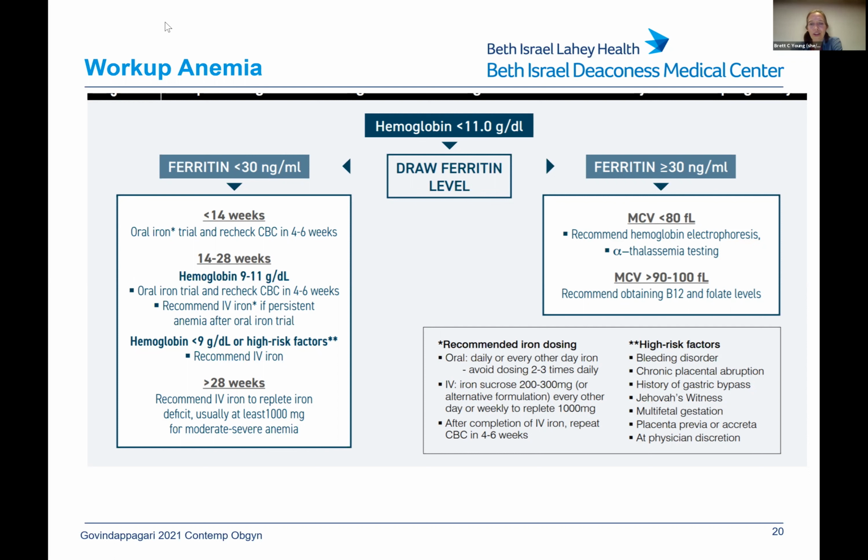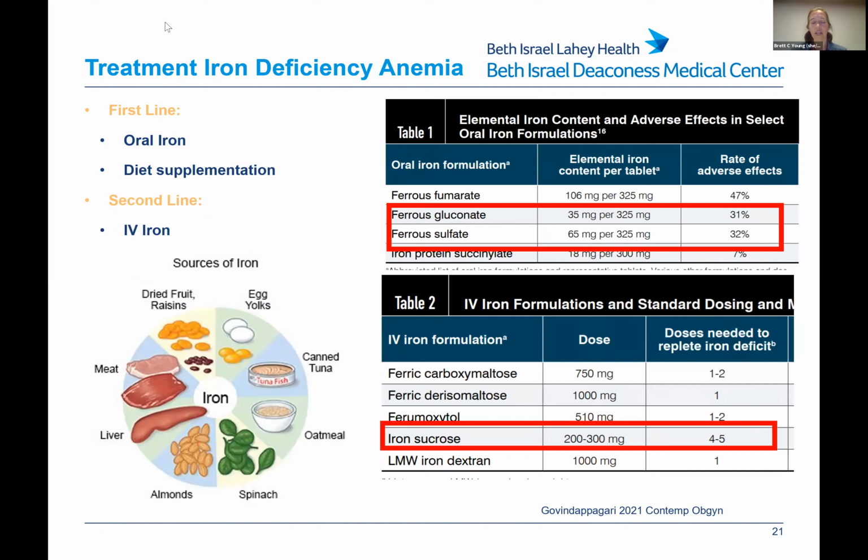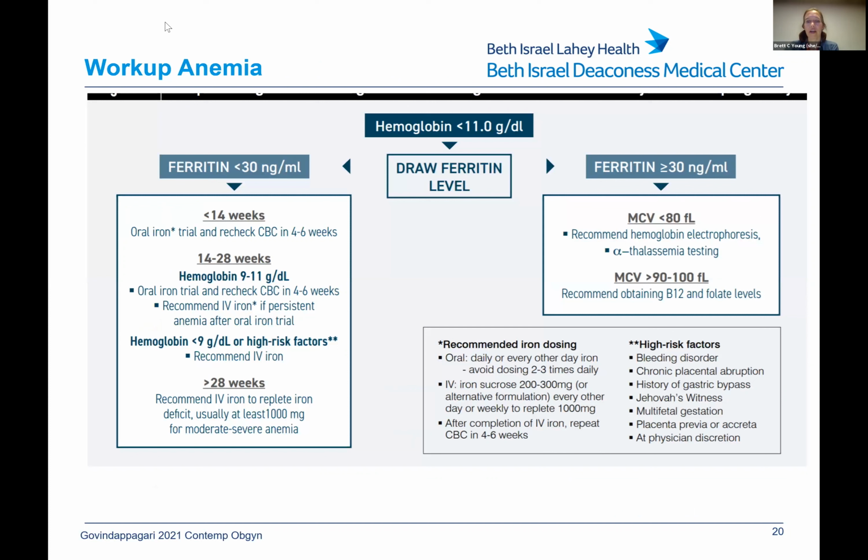So a little bit about oral iron. We know that with oral iron, there have actually been some studies looking at which is more efficacious, and is there a difference in frequency? There actually was a study recently looking at use of daily iron versus every other day iron. And interestingly, the absorption with every other day iron was actually higher than daily iron.